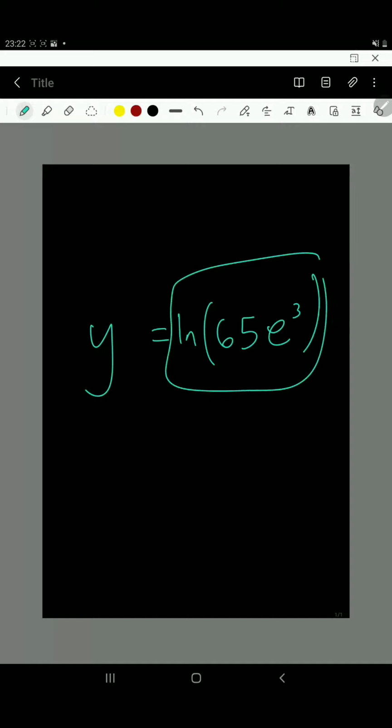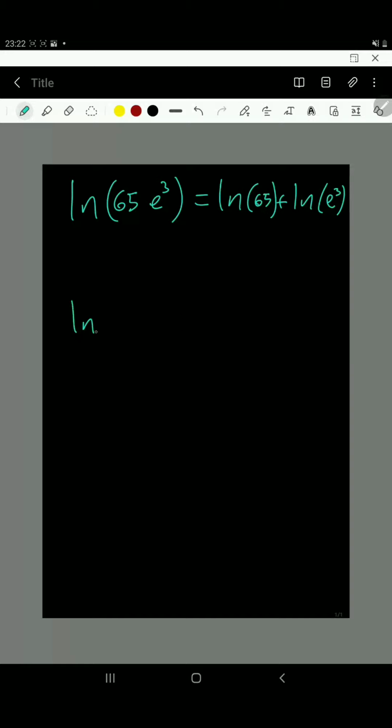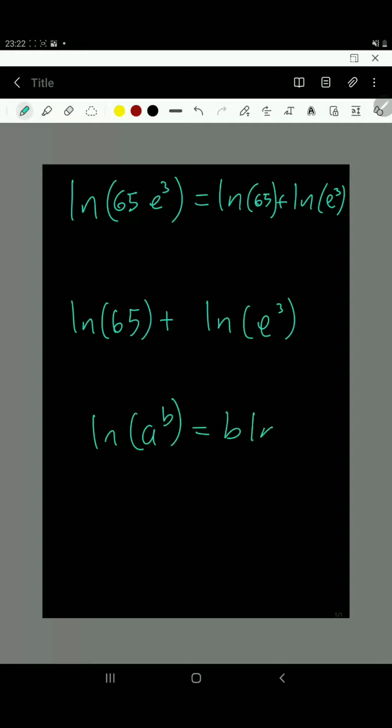How can we simplify that? Really, really simple. Ln a multiplied by b is just ln a plus ln b. So ln 65 multiplied by e cubed is just ln 65 plus ln e cubed. Ln a to the power of b is just b ln a.